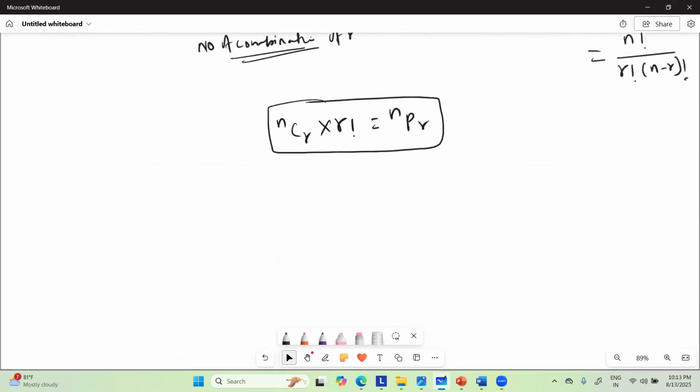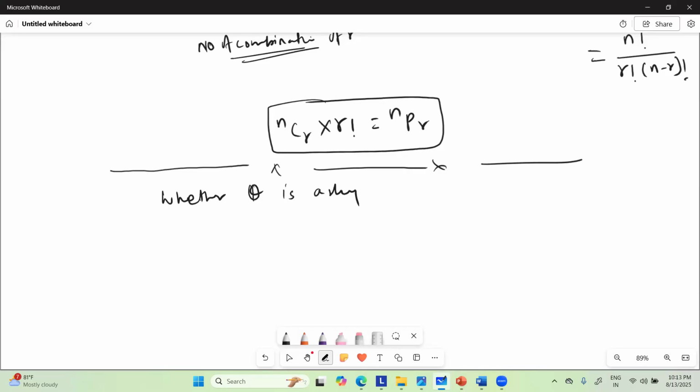So the biggest challenge here is to identify in a question whether the question is asking about arrangement और ग्रुप, क्योंकि अगर आप एक बार decide कर लो कि they are asking about group or arrangement, then you have the formula.